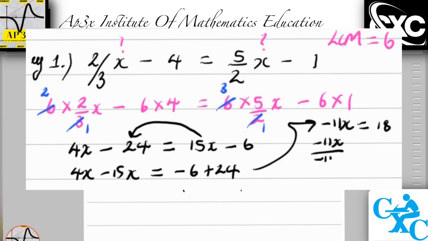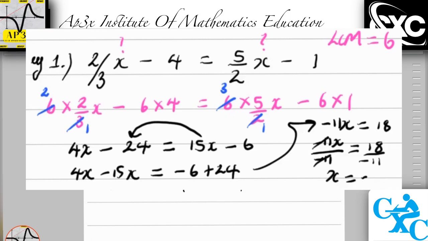As I've repeatedly said, once you're dividing both sides of an inequality by a negative coefficient, you have to reverse the sign. Now, this is an equation, so we don't need to reverse the sign, but we just want to practice always trying to keep your subject positive. Negative 11 cancels negative 11, therefore x is equal to negative 18 elevenths.